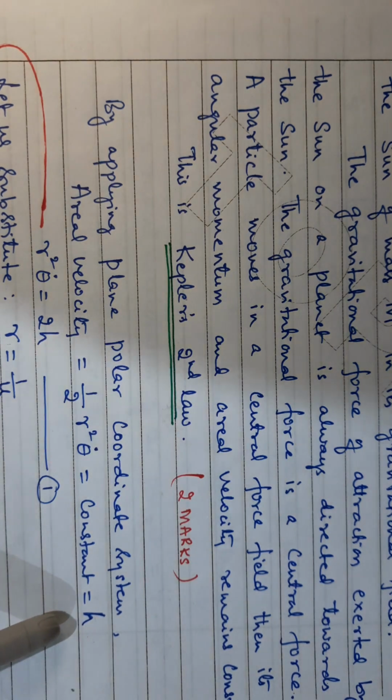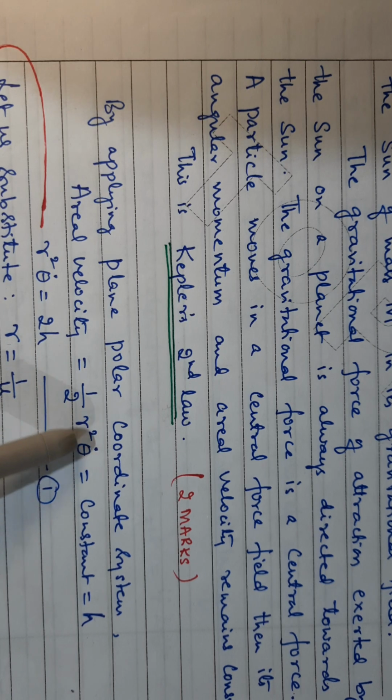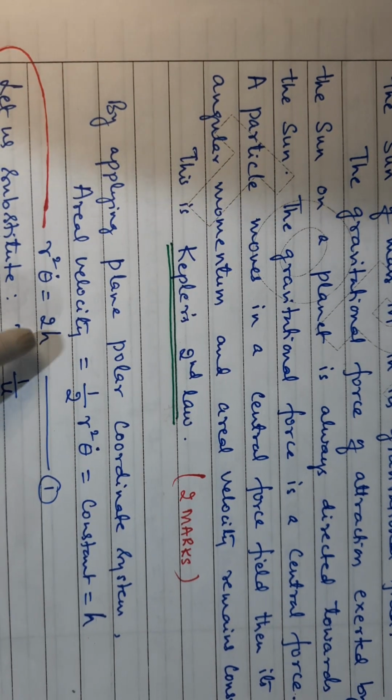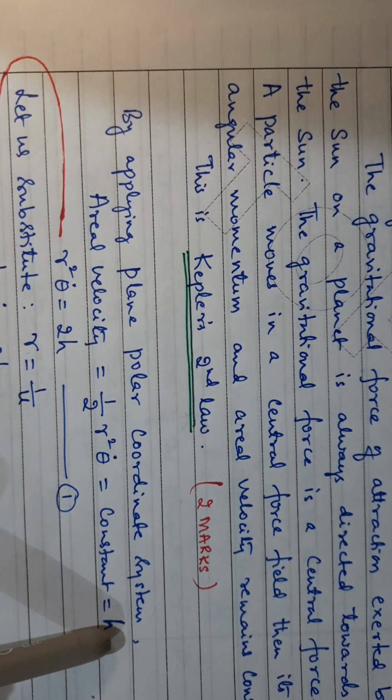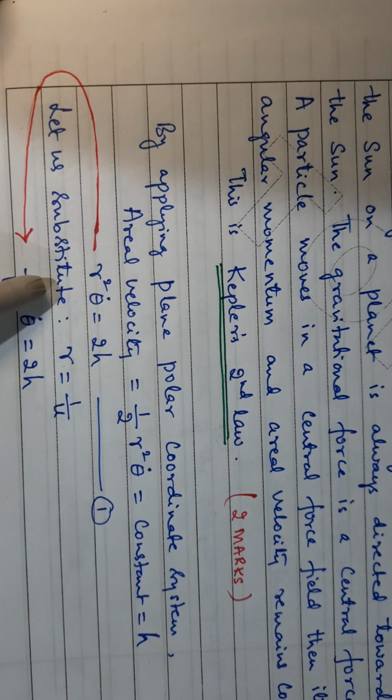You can consider s, t, x, y, alpha, beta, something as the constant. Here I have chosen h. Now, cross multiplying, r squared theta dot equals 2h. I will multiply with 2 here. I will take that as equation number 1. Let us substitute, wherever r is there, 1 divided by u.